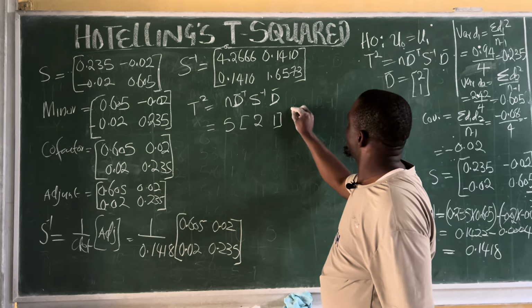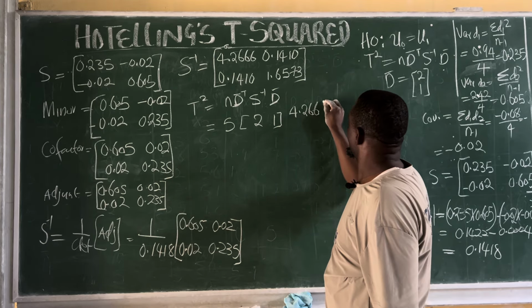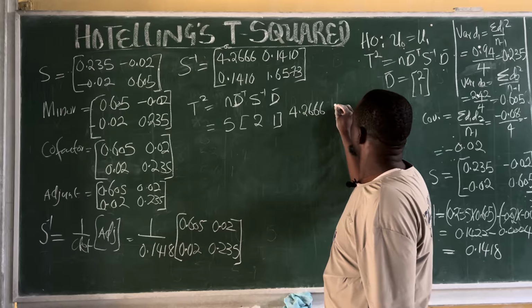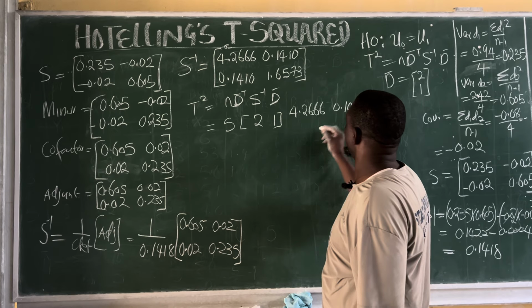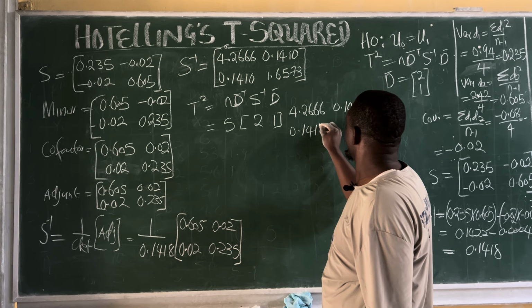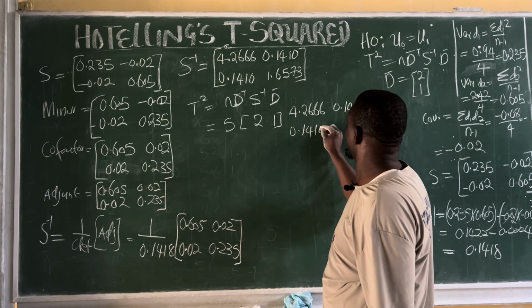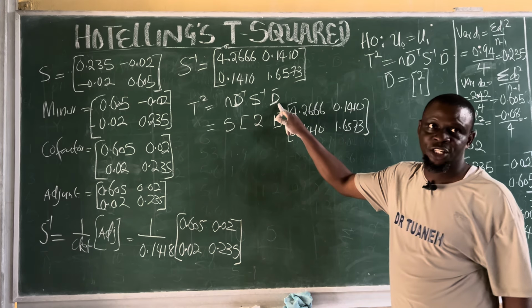We have 4.2666, 0.1410, and then we have 0.1410 and 1.6573. Okay, and after that we also have d bar.